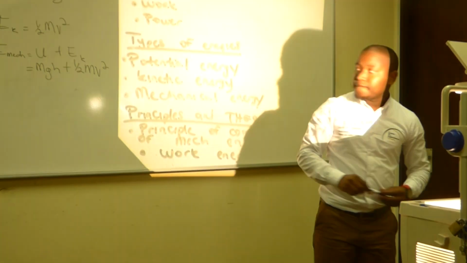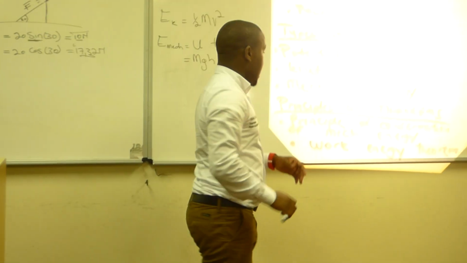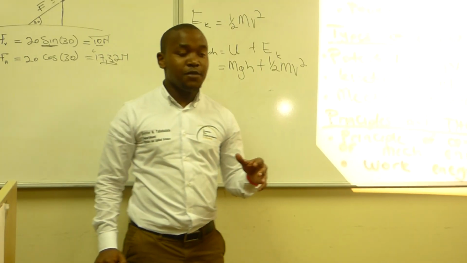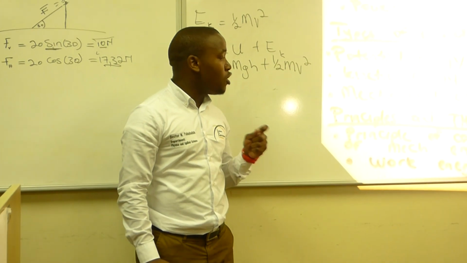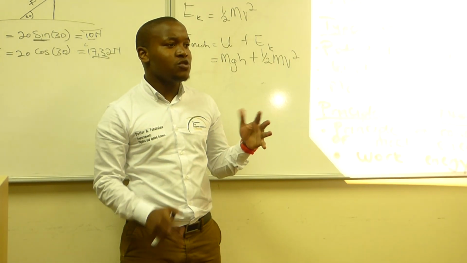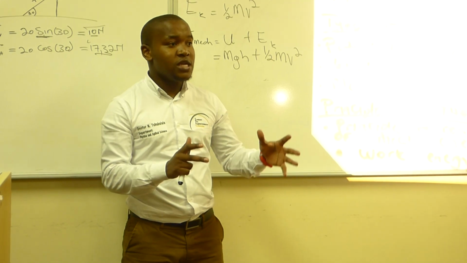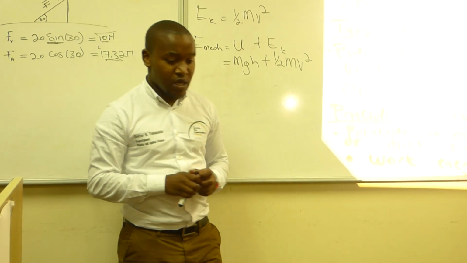Now let's move. Let's talk about the principles and theorems. The first principle that I'm going to talk about is the principle of conservation of mechanical energy. Remember, we spoke about something that is conserved earlier. And at least you understand now when we say something is conserved, what do we mean?